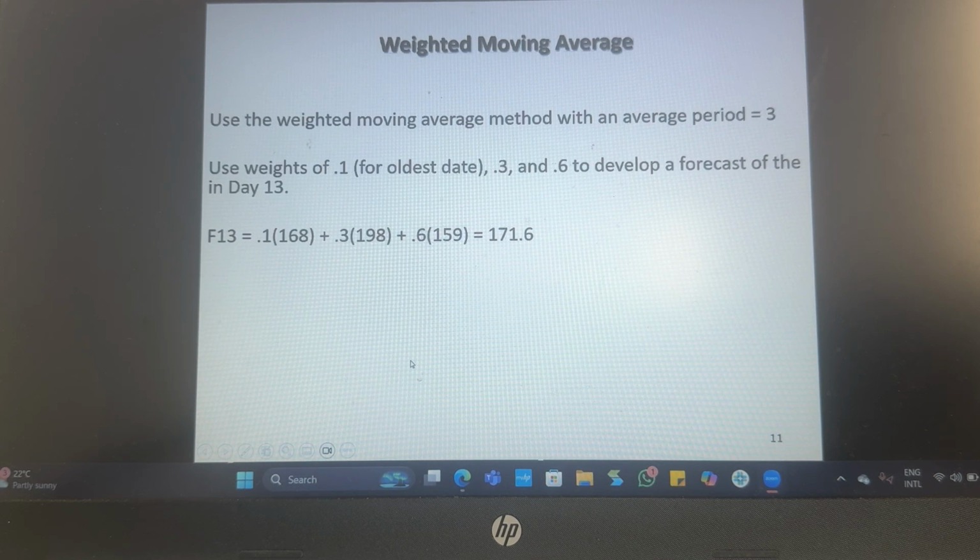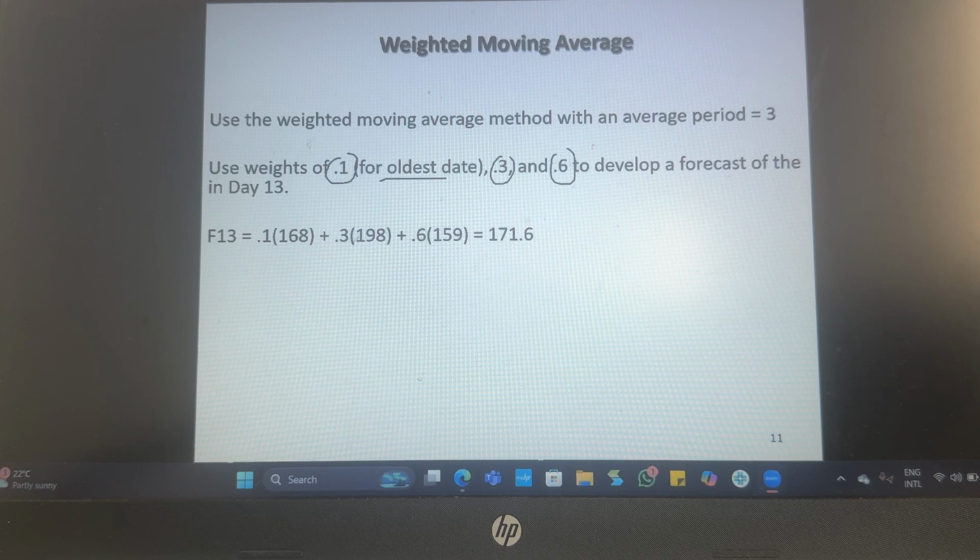Due to these weaknesses, statisticians and mathematicians moved on to the weighted moving average. Use the weighted moving average method with an average period of 3. Here 10%, that means 0.1, for the oldest data, 0.3 or 30% for the next one, and 60% for the latest.